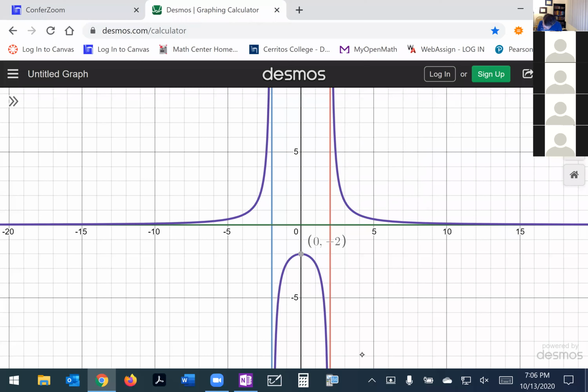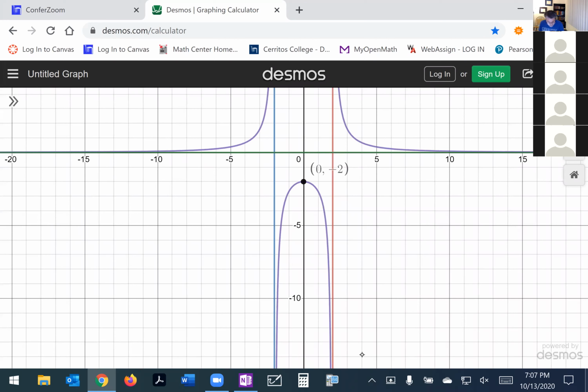And we have our one y-intercept, which is also a relative maximum, and no other relative extrema. So we put it all together, and we get a nice graph.